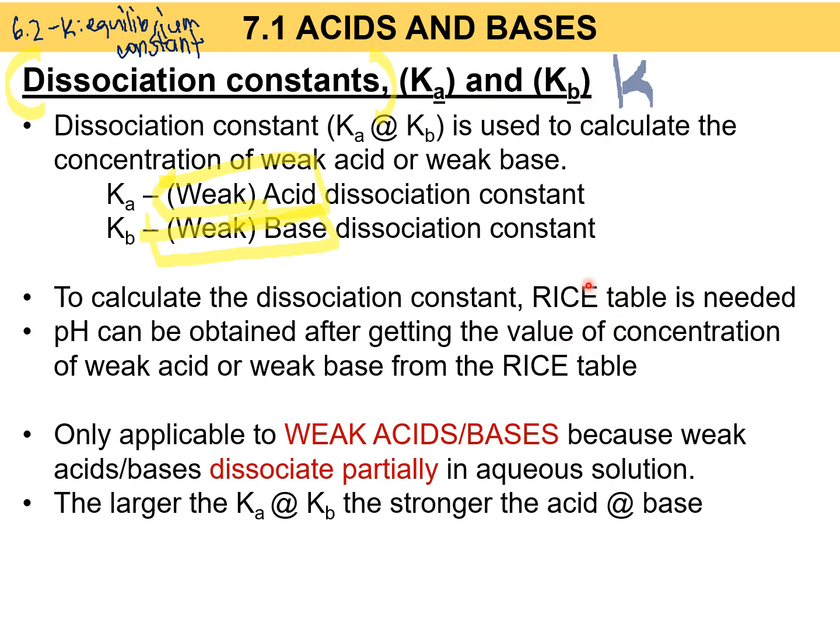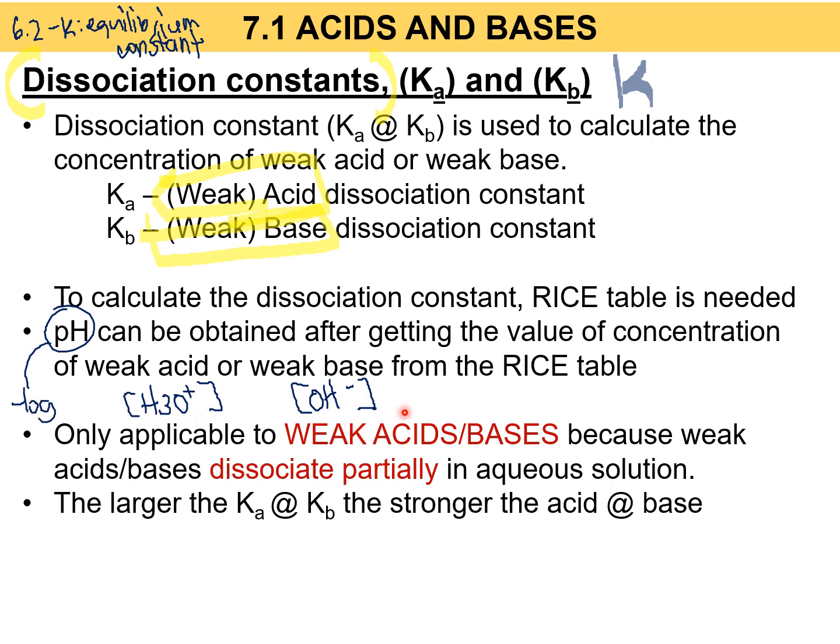Okay, because from the rise table, you boleh dapat the value of concentration of the weak acid ataupun weak base. It depends lah. Kalau let's say acid, you akan dapat concentration of H3O+. Okay, kalau weak base, you akan dapat concentration of OH-. Tapi kalau kat sini, if you want to find pH, you know that pH dia punya formula ialah negative log concentration of H3O+.